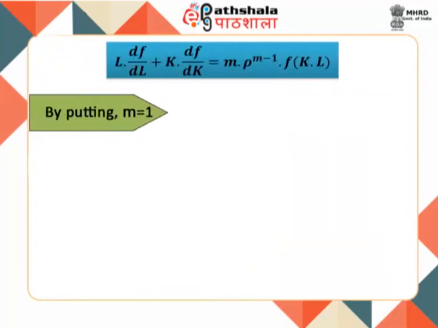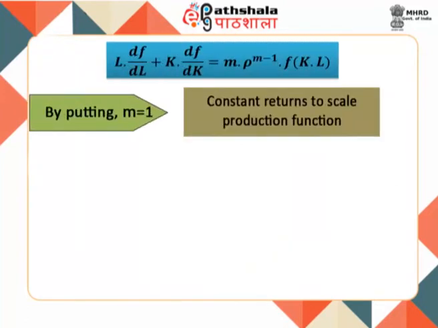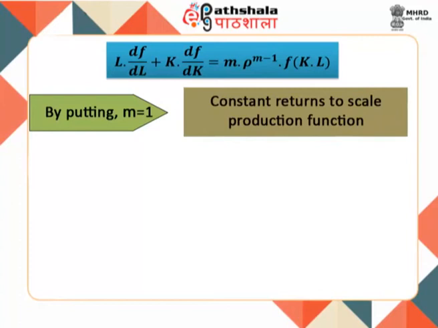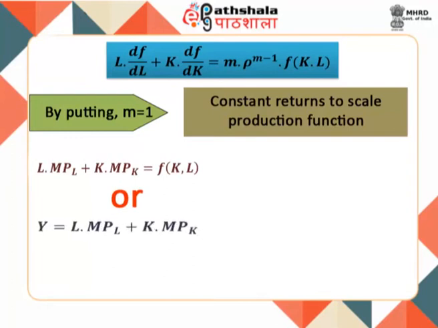By putting m equals 1, we obtain the constant returns to scale production function. And then we have L·MP_L + K·MP_K = f(K, L), or Y = L·MP_L + K·MP_K.